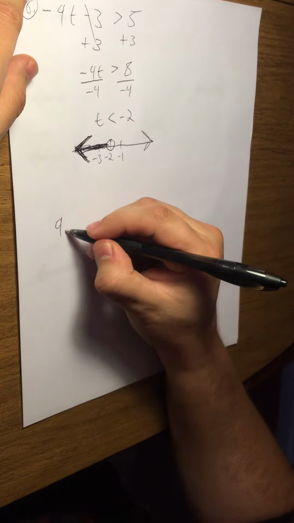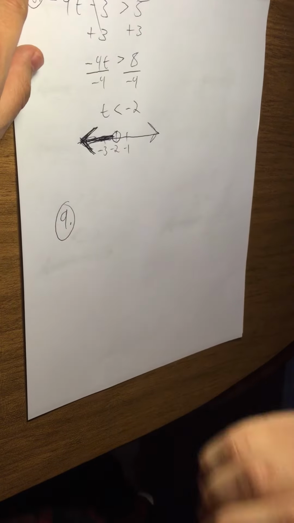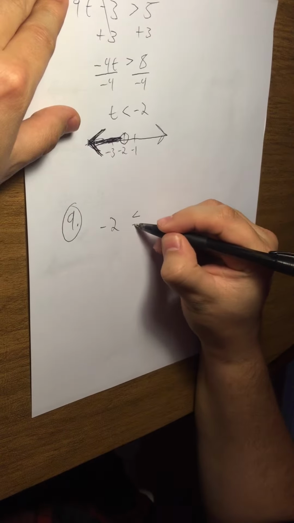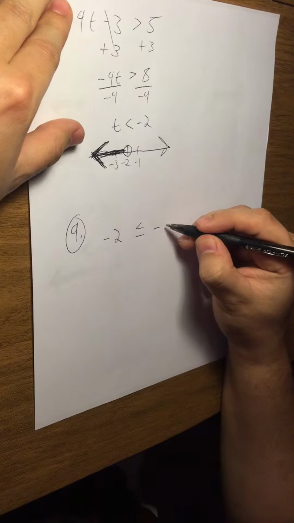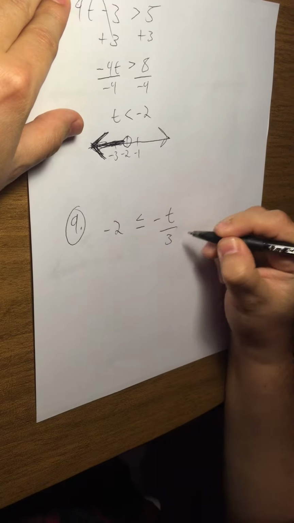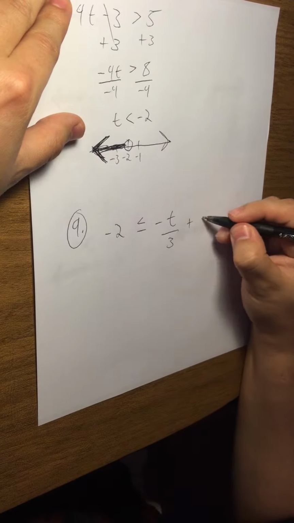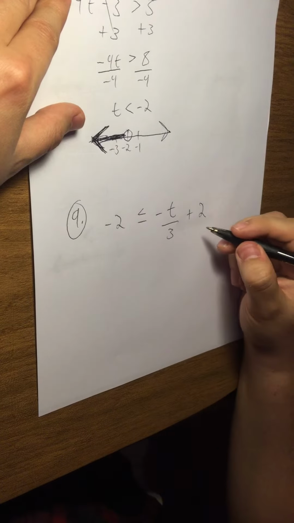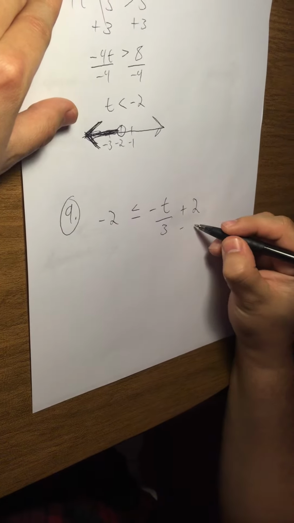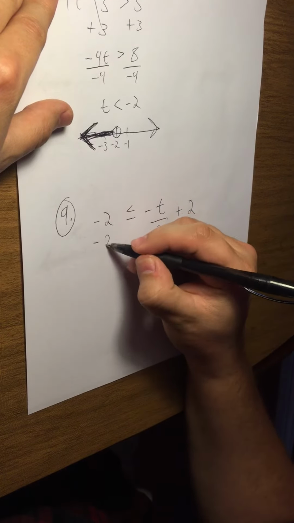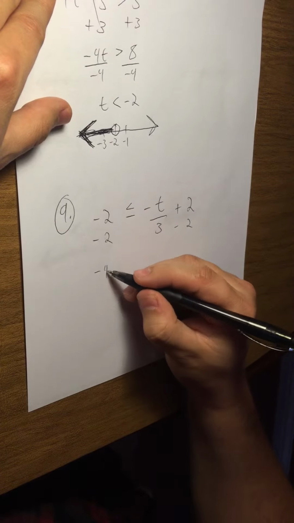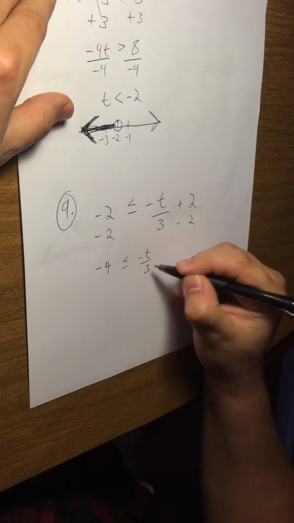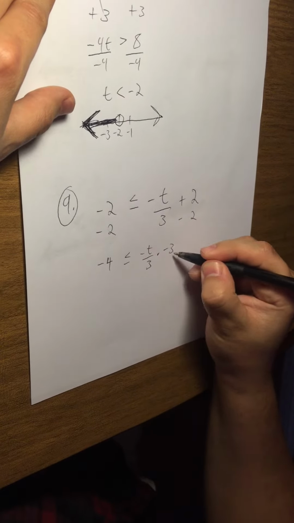Alright, time for the ultimate problem. We'll put it on the other side, and we'll have a negative fraction, and we'll put some addition in there. Alright, get rid of the -2, so isolate the variable. -4, -t, negative. Alright, multiply by -3.